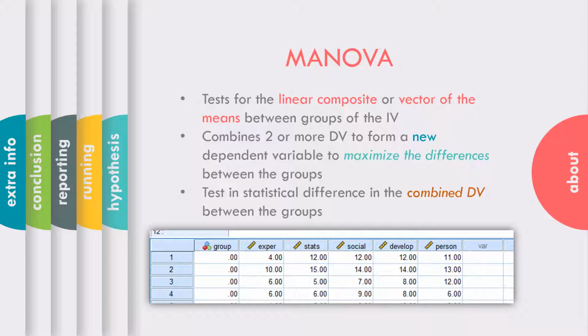It combines two or more dependent variables to form a new dependent variable in such a way as to maximize the differences between the groups of the independent variable. It is between this new composite variable that you test for statistically significant differences between the groups.